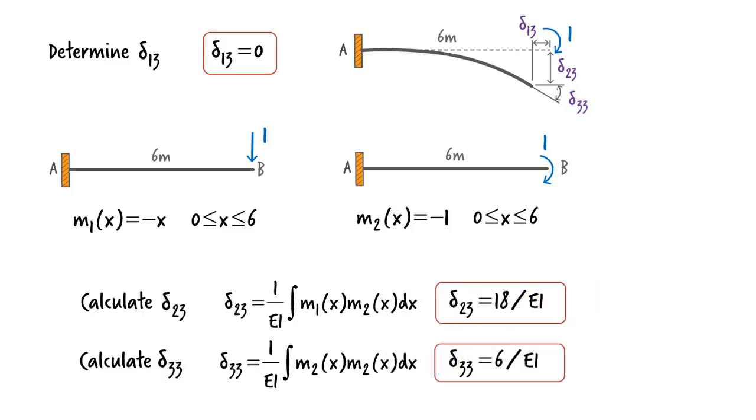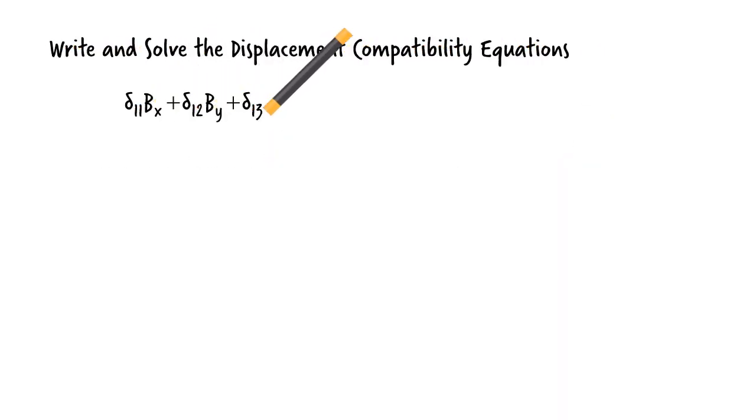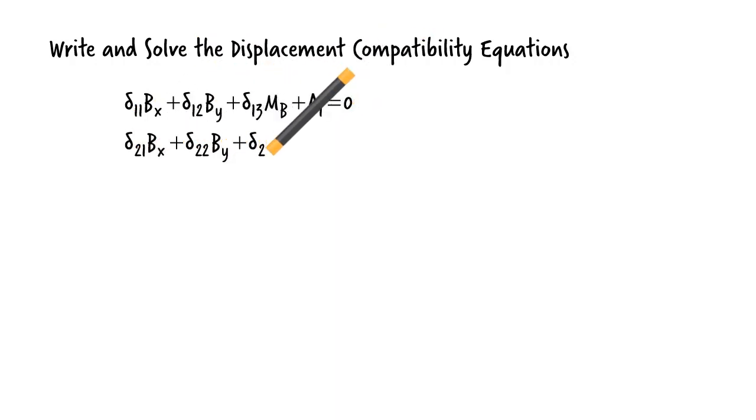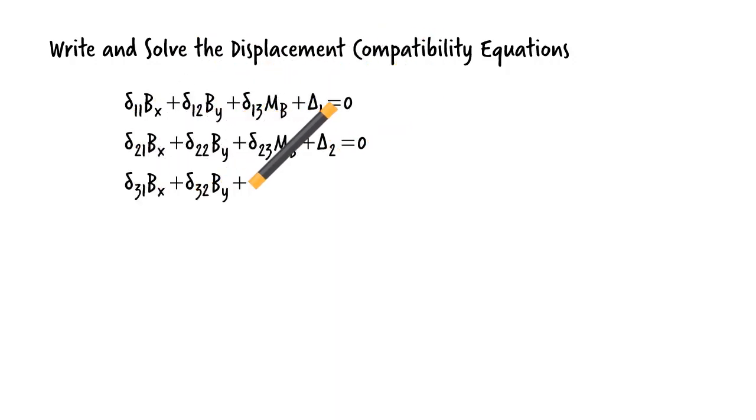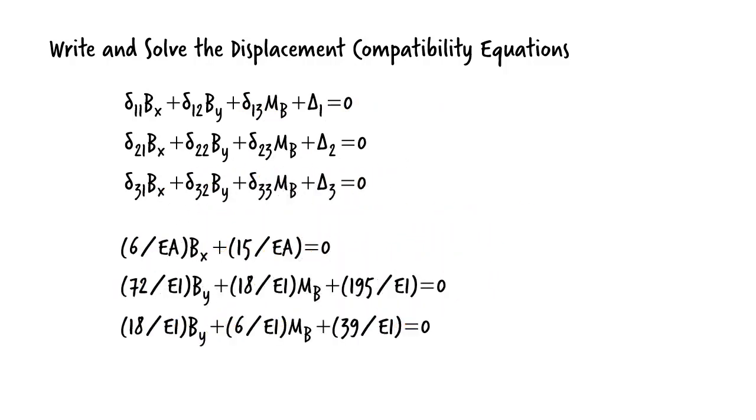Knowing all the displacements, we are now ready to write the necessary equations for determining the redundant forces. Here are the equations. Solving them for the unknown forces, we get.